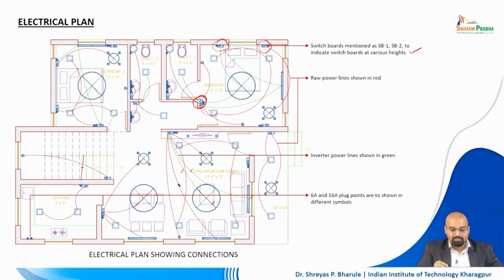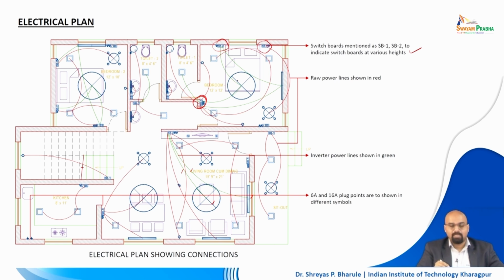But what's really interesting is you have one switchboard here, switchboard 2, and one switchboard 1 here, wherein you see two lines meeting the fan from both the switchboards. The same is true for the tube light as well, which basically means it is a doubly operated appliance.